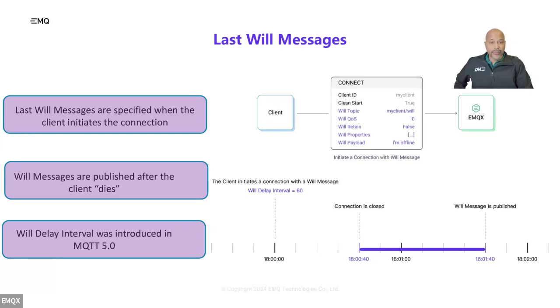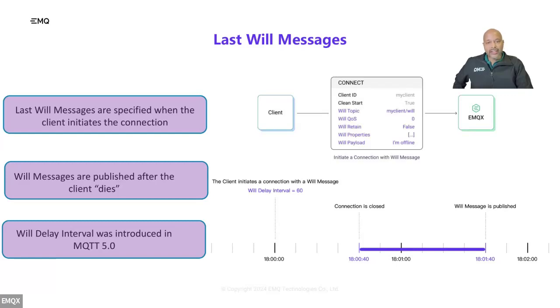And you remember that was one of the initial requirements of the protocol, that we know the status of the client, whether the client is online or offline. And one of the ways that's achieved is last will messages.